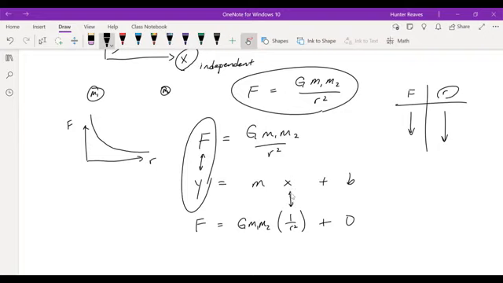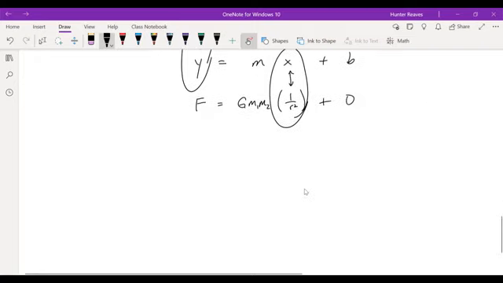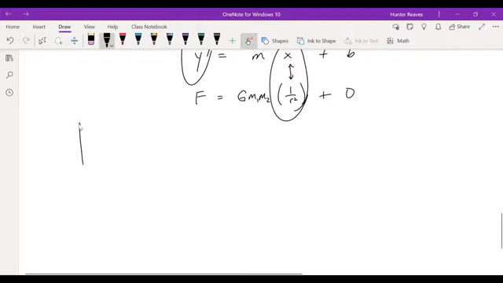So that makes 1 over r squared the independent variable, and so we would choose to plot 1 over r squared on the x-axis instead. And if you do that, and you get a force versus 1 over r squared relationship, then your data will form a straight line.